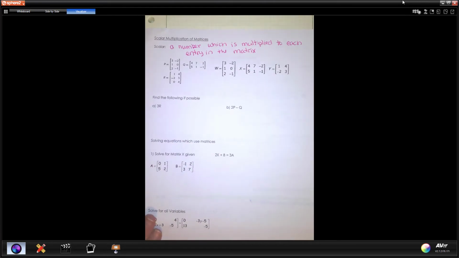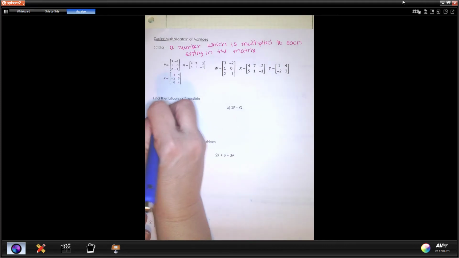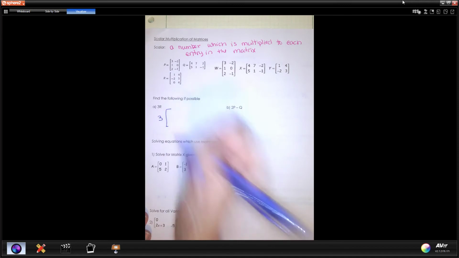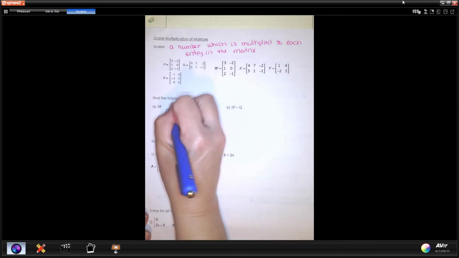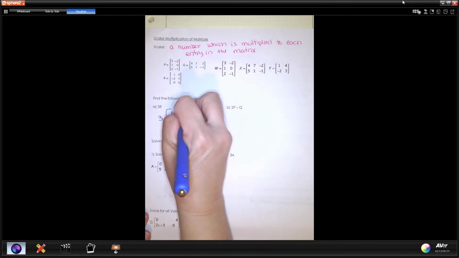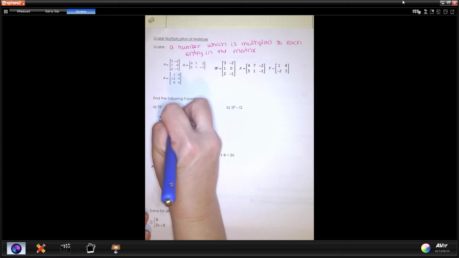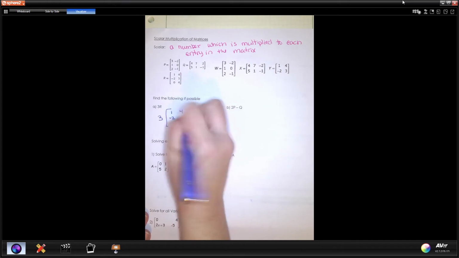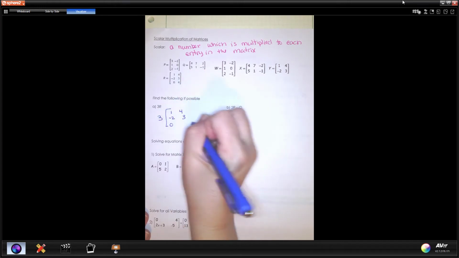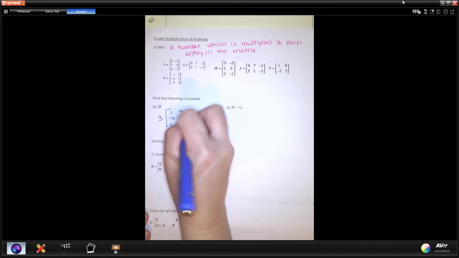So for example, if this says 3R, so we have a bunch of matrices right here, and we want to go 3R, that is simply the 3 goes on the outside. Matrix R is 1, 4, negative 2, 3, 0, and 4.